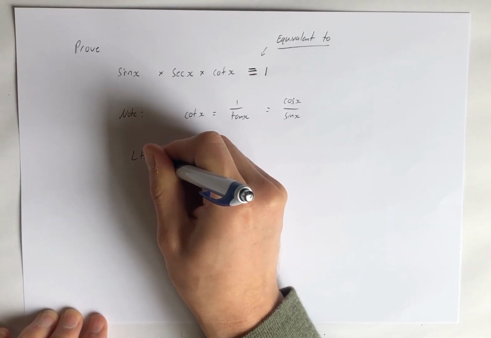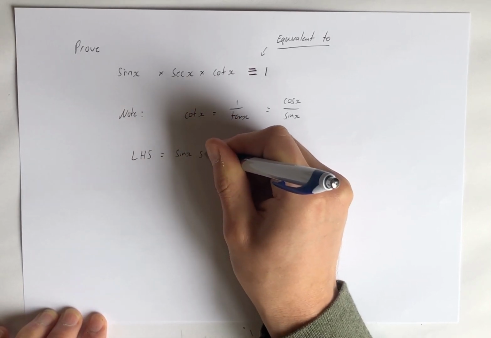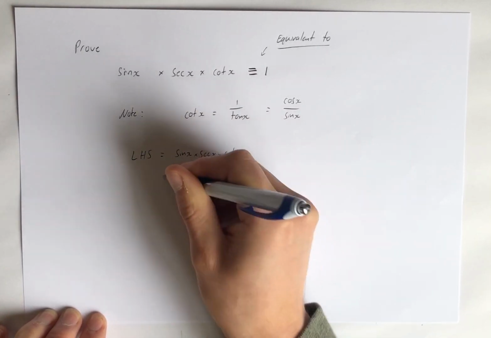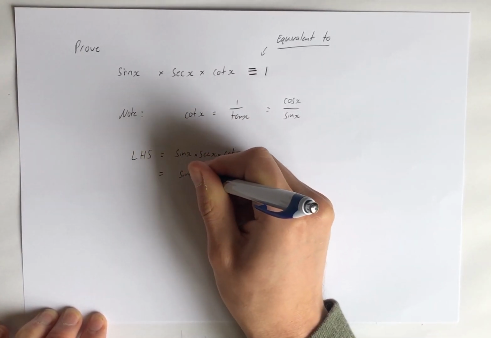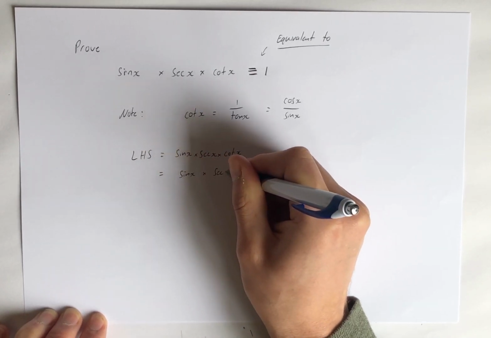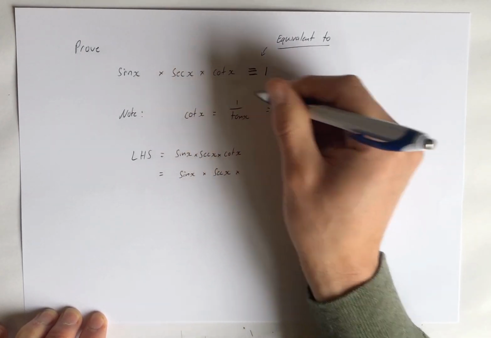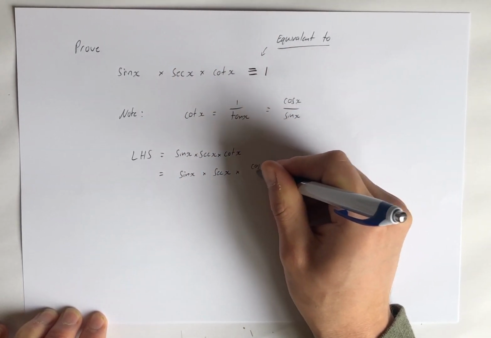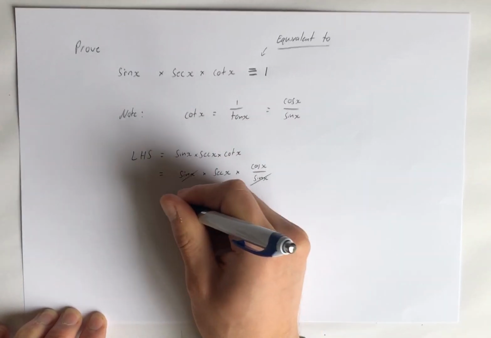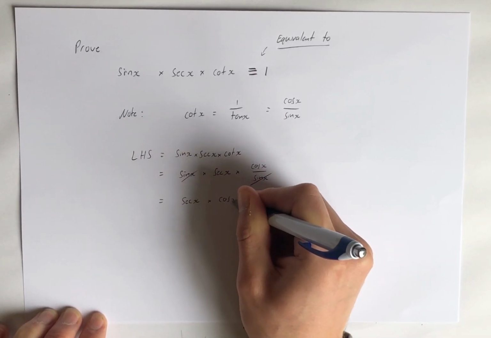So we start with the left-hand side, which is sine x, sec x, cot x. Well, that's equivalent to sine x times sec x times, and then we can replace the cot with cosine x over sine x, and notice those will cancel. Then we have sec x times cosine x.